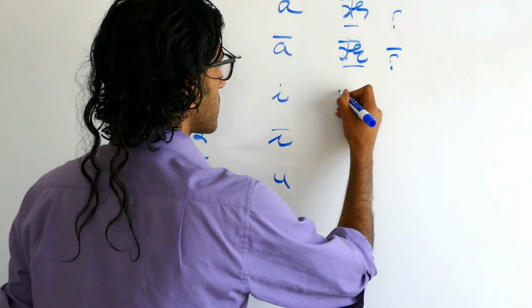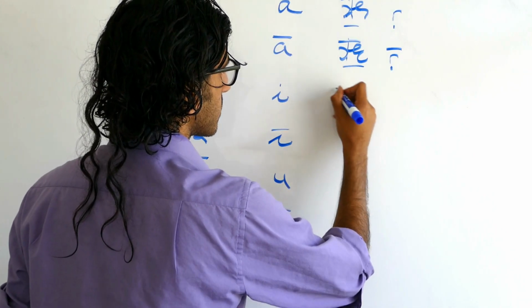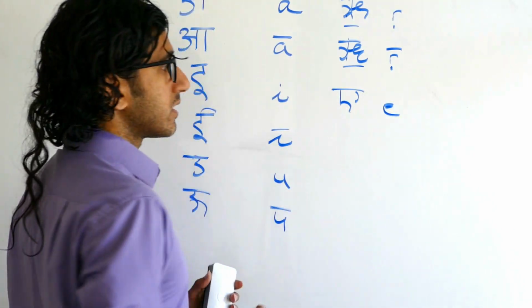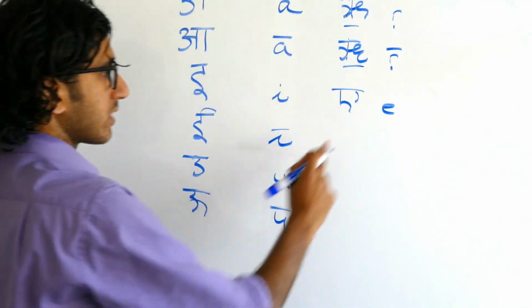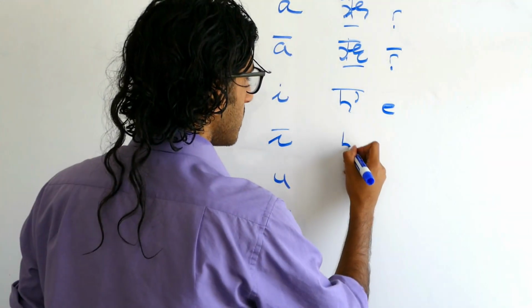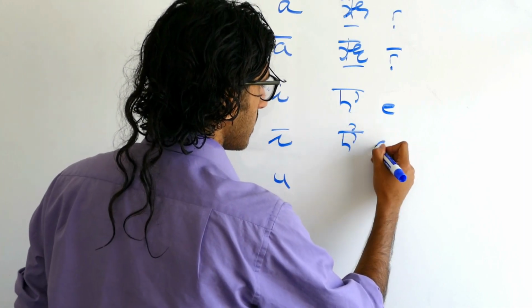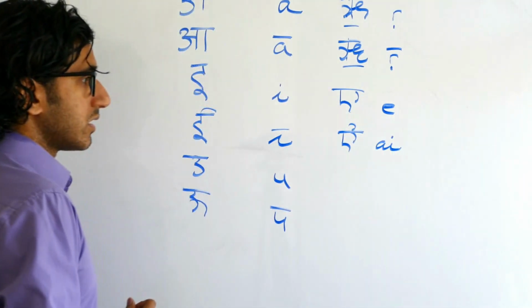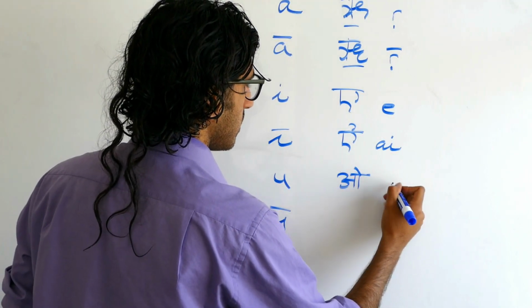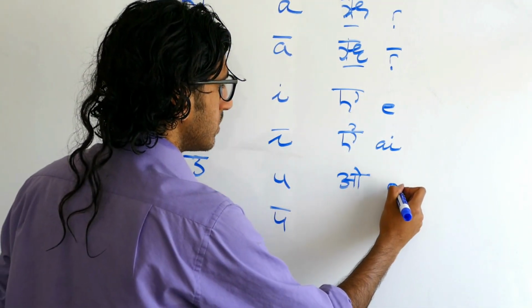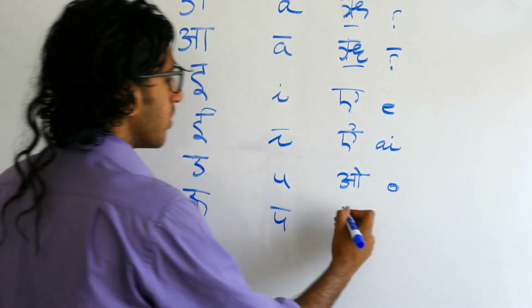So then we have the complex vowels. E is written like this. Ai is written like that. O, so just an o, and au.